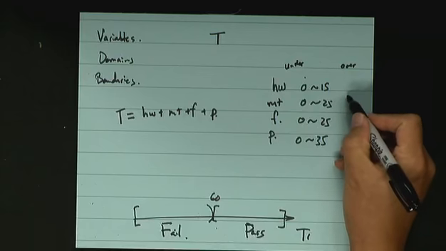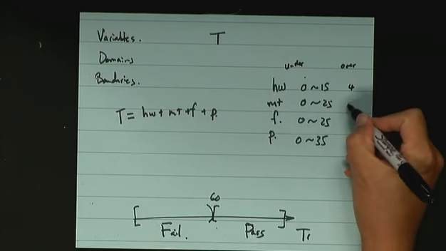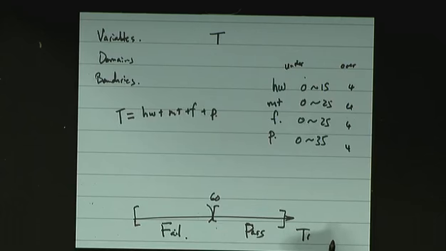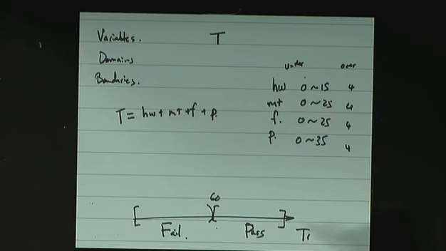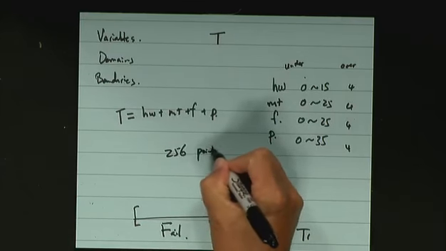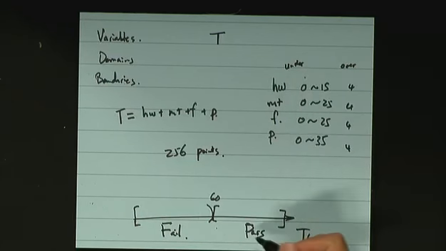In this case, I don't expect you to enumerate everything, because this is 4 times 4 times 4 times 4, which is 16 and then 256. So you have 256 points. I need you to give a few and say how exactly you are going to do this.